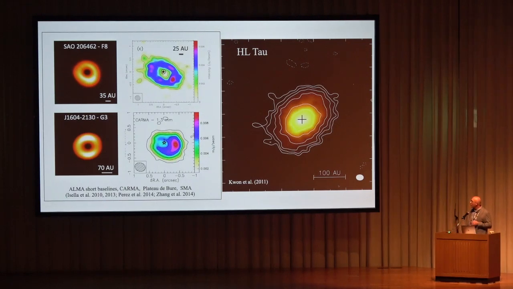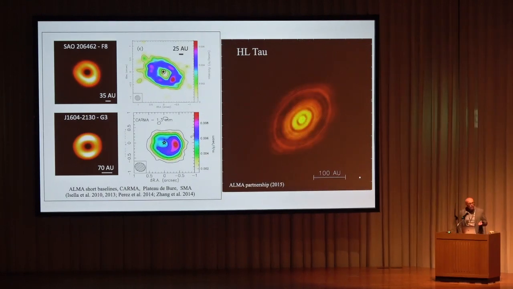We all know that when ALMA observed HL Tau, the brightest disk in the sky, it was the obvious target to test the long baseline. So we got this beautiful image with many rings. And that was really a surprise to some extent.